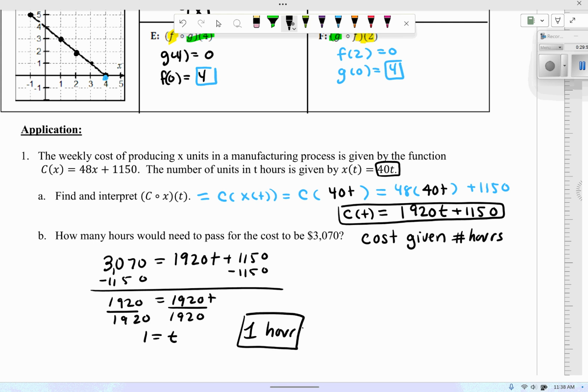So after 1 hour, the cost would be $3,070. And that is it for our composition of functions and finding the domain and decomposing, and again, some applications.